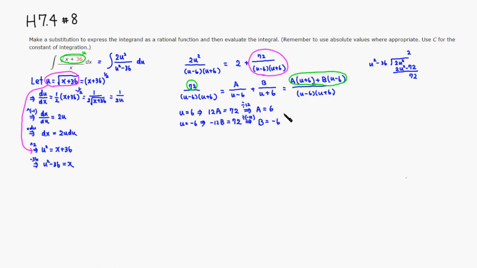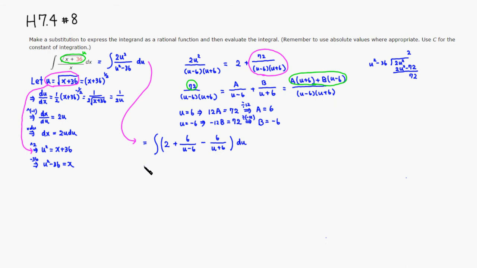Now we can keep working on the integral. This integral can be rewritten as the integral of 2, plus A, which is 6, over u minus 6, and B is negative 6, so minus 6 over u plus 6, with respect to u.